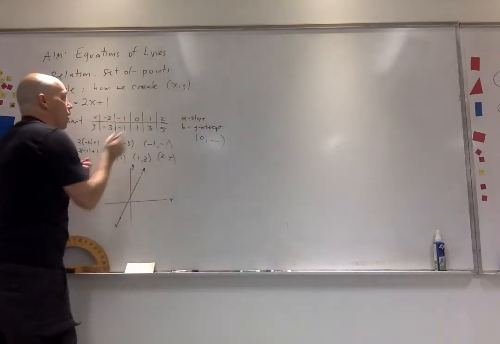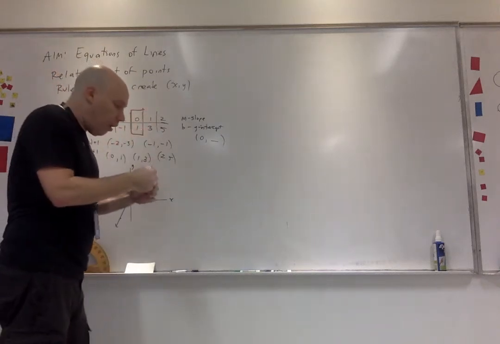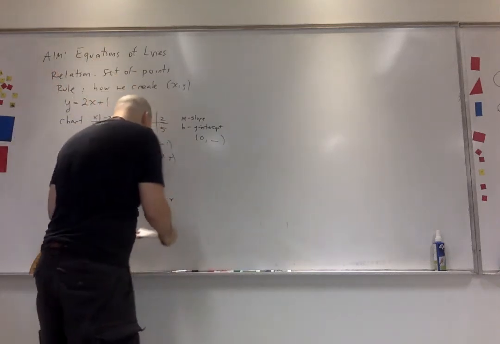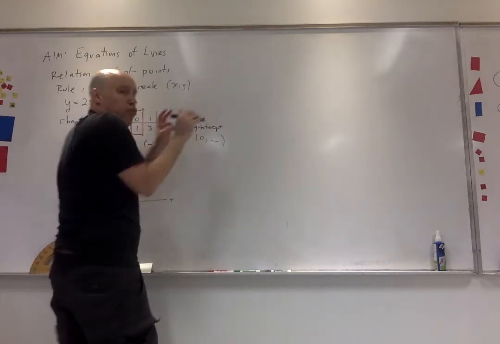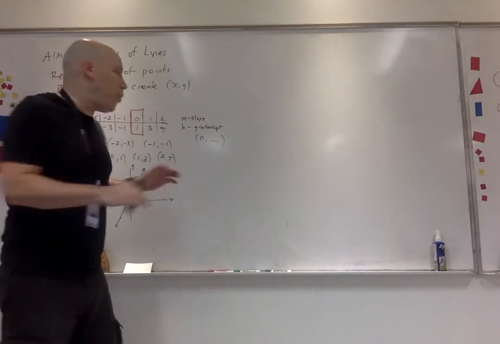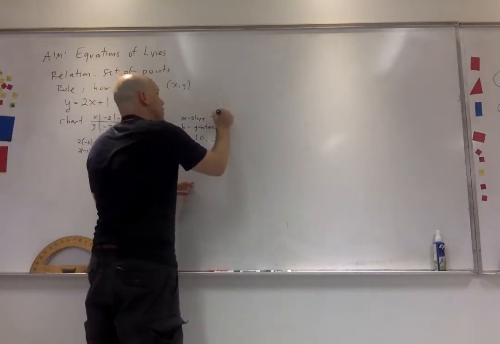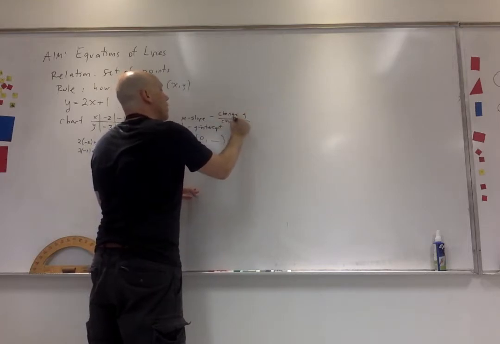That was this coordinate, right? So this was your y-intercept. And the slope was rise over run. We know now we don't want to say rise over run. We want to say change in y over change in x.